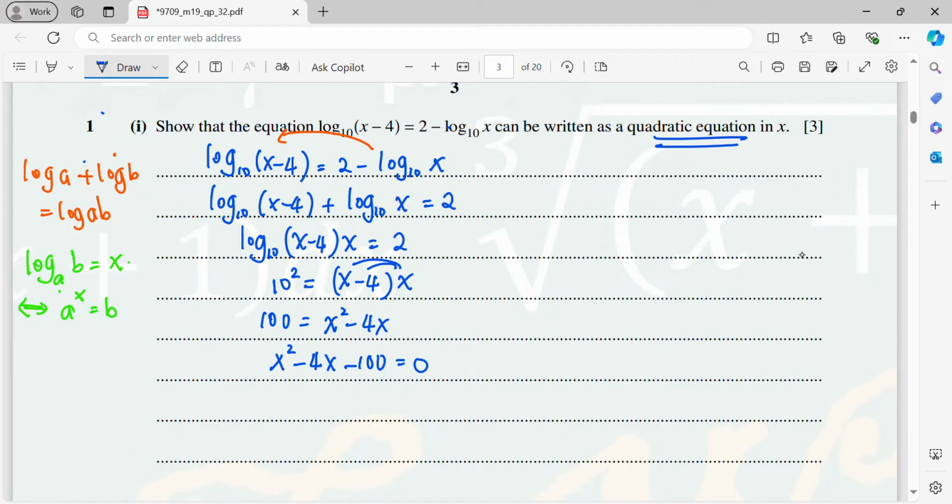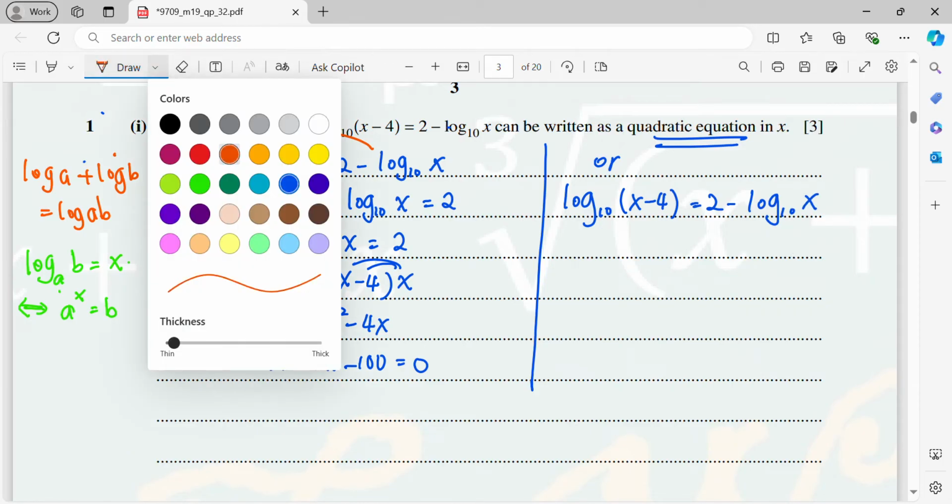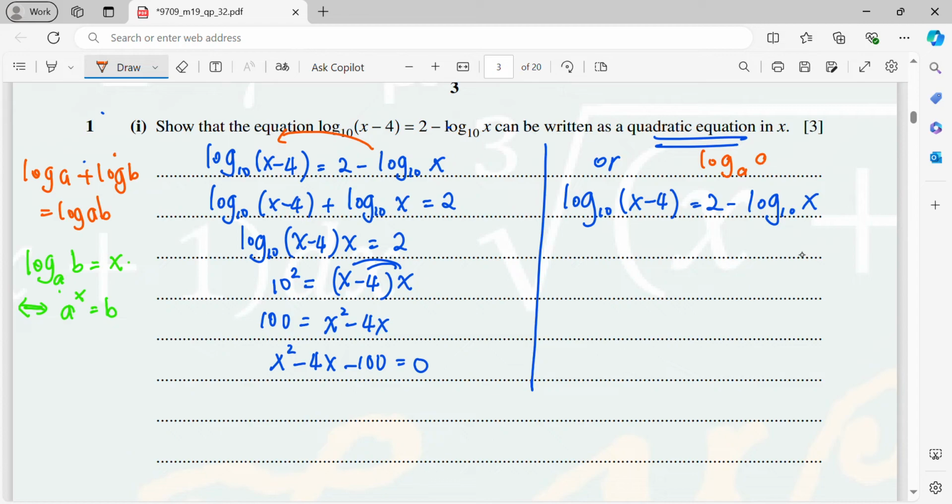The second way is, or, I will just change the 2 into log. Because we have a formula here, log A with base A is 1. Therefore, the 2 I can change to 2 log 10 with base 10, then minus log x with base 10.